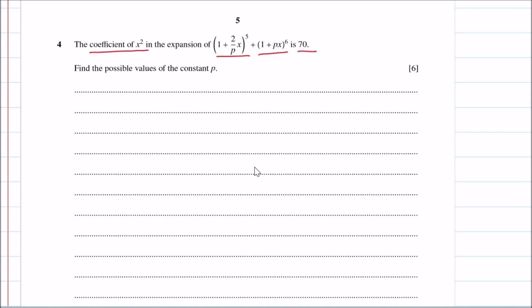Okay. So let's write the term with x square for both the binomials. For the first one, (1 plus 2 by p x) to the power 5, the term with x square will be given by, we need to put 3 brackets.